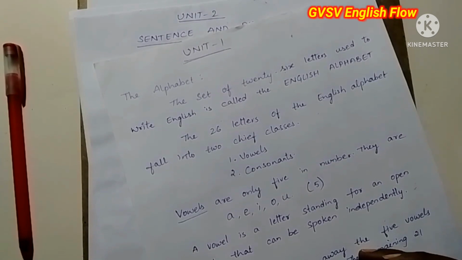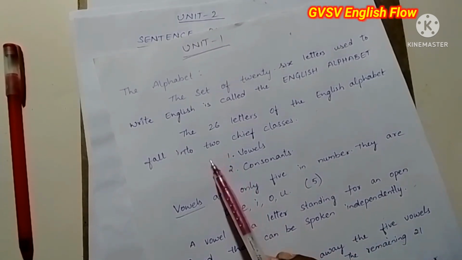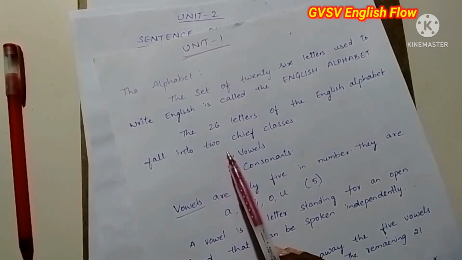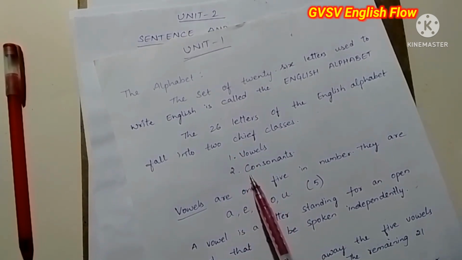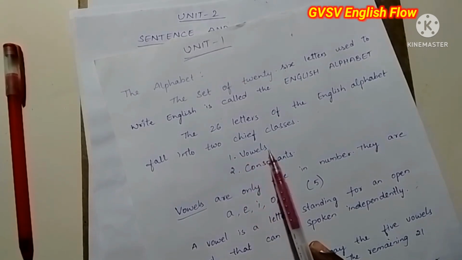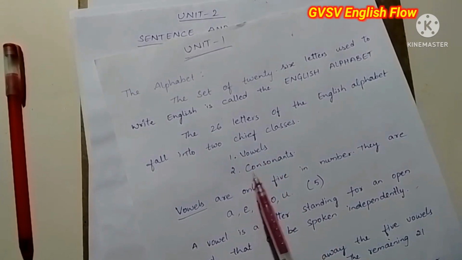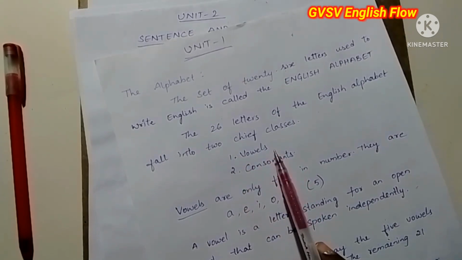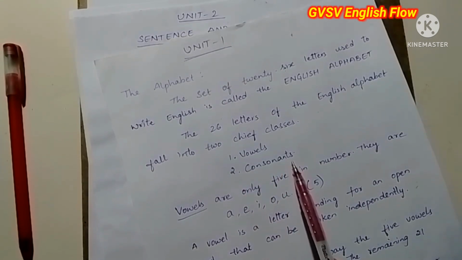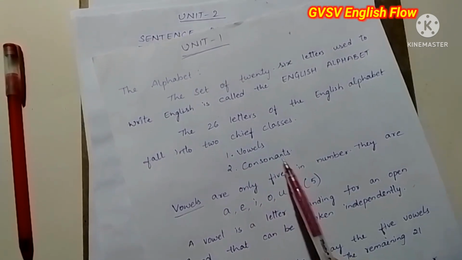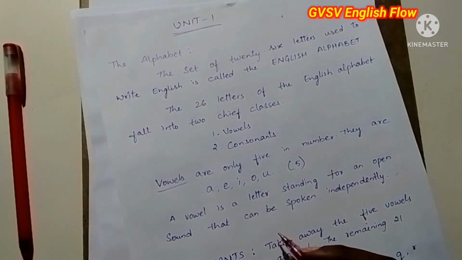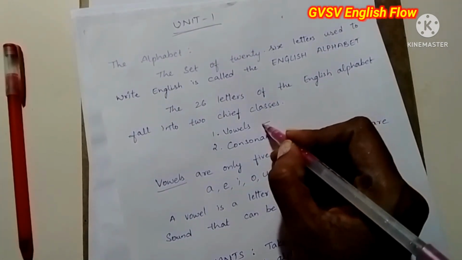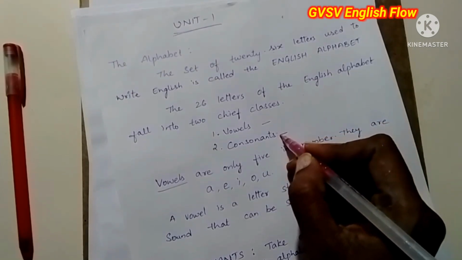So these 26 letters are divided into two classes. What are the two classes? One is vowels and the other is consonants. 26 letters are divided into how many kinds? Two kinds. One is vowels and the other is consonants.